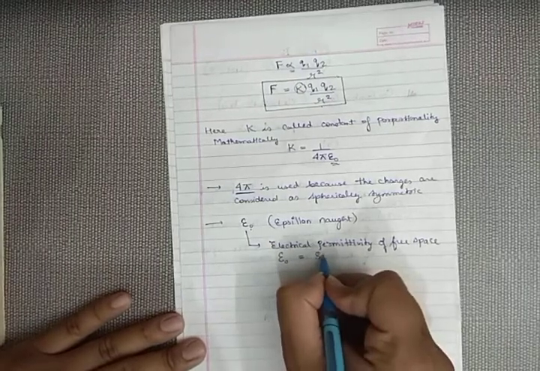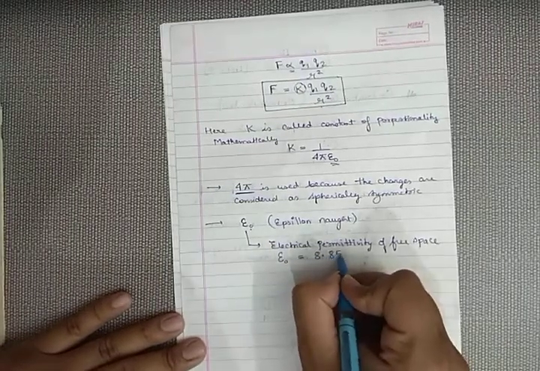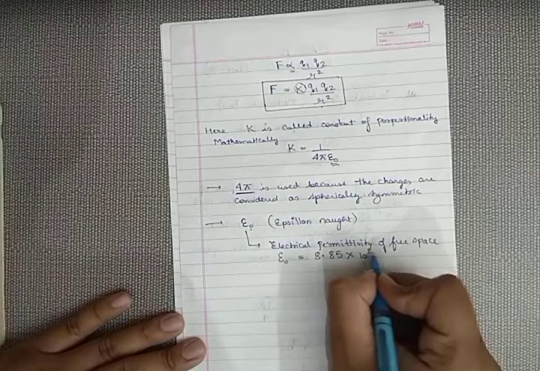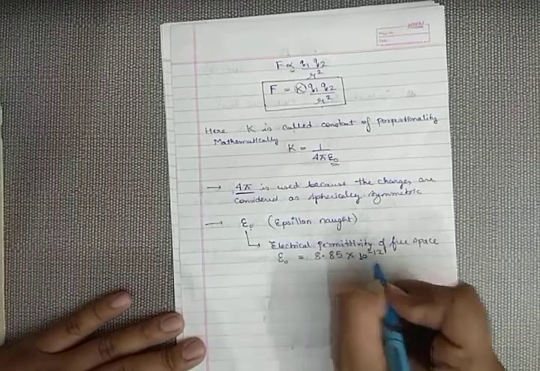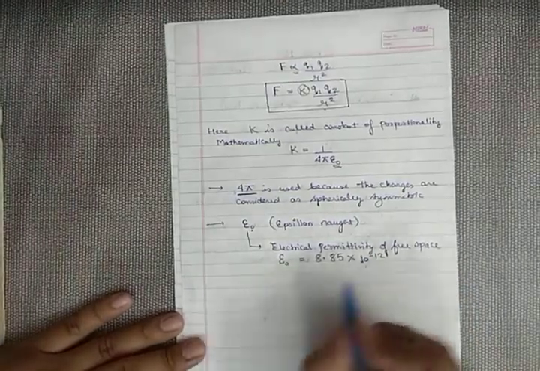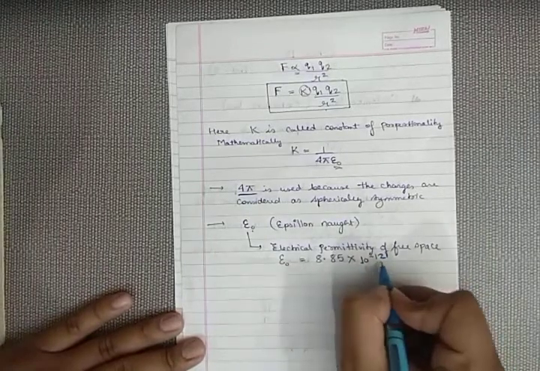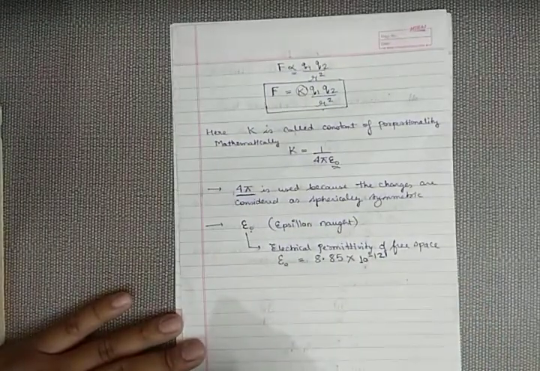You have to memorize it: 8.85 into 10 raised to the power minus 12. This is the value of epsilon naught.